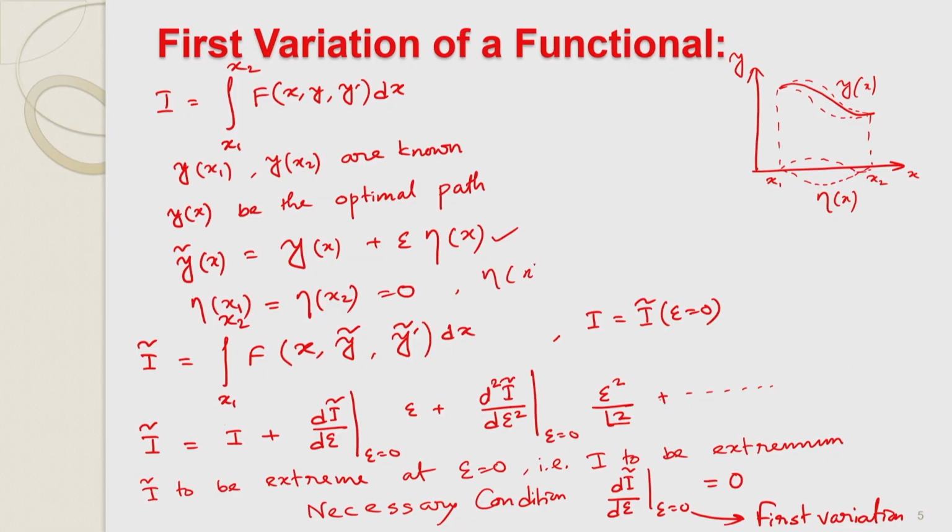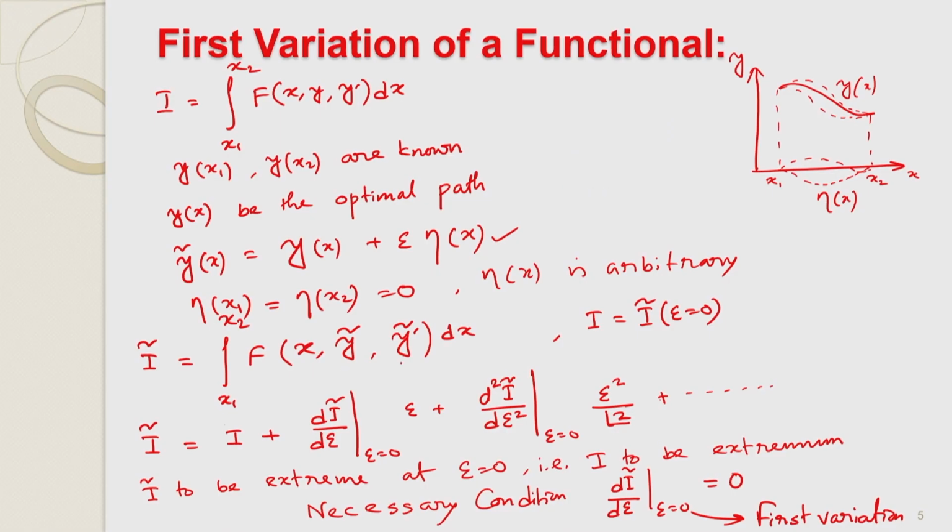One important thing to note is that the choice of eta(x) is arbitrary. The only thing that eta(x) should satisfy is that at these two points it should be 0, because y is specified at these two points. Now, I tilde is dependent on x, y tilde and y tilde prime.